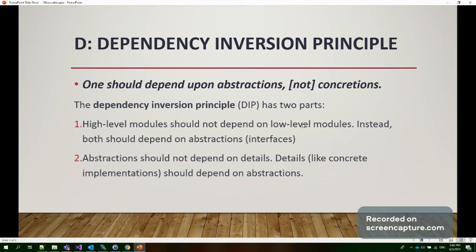The second important point is that abstraction should not depend on details; concrete implementation should depend on abstraction. That means you are always passing the interface instance, and you are not telling what this instance carries. This gives you the abstraction.